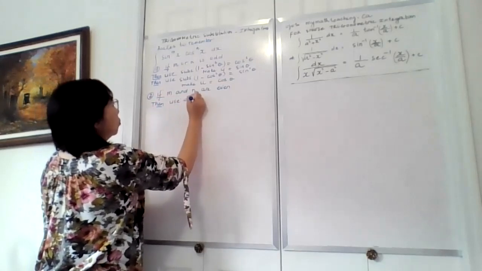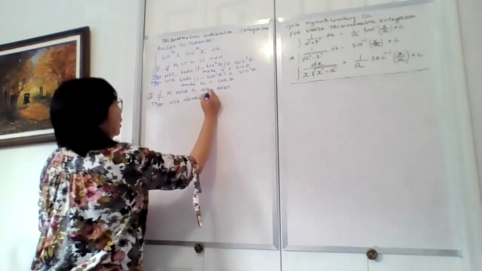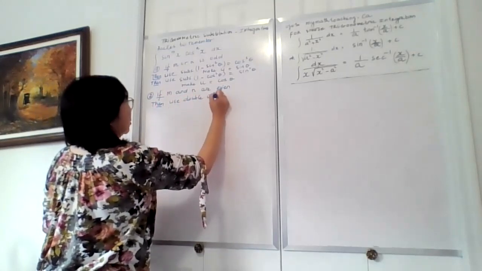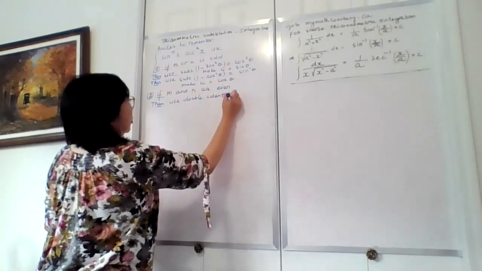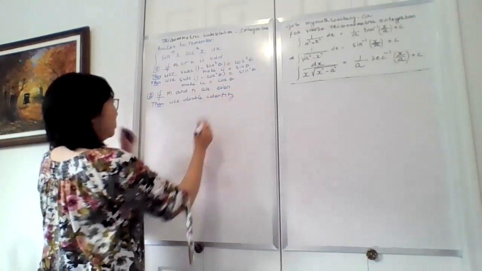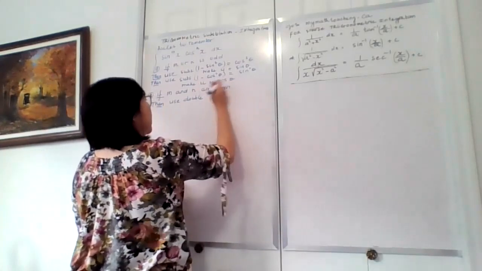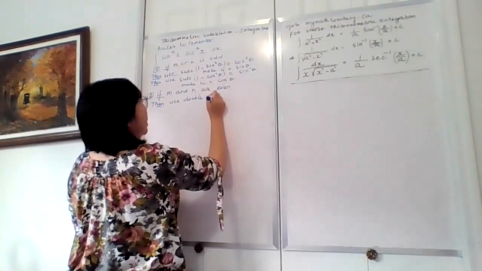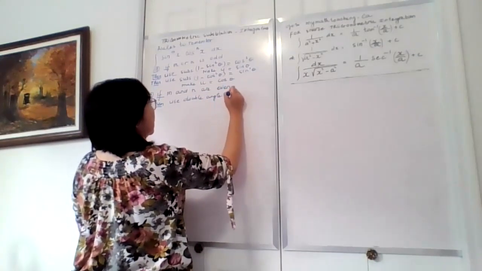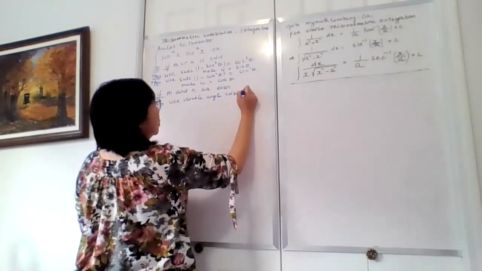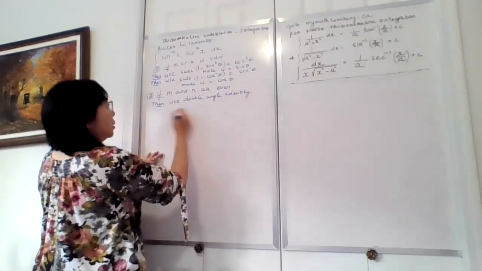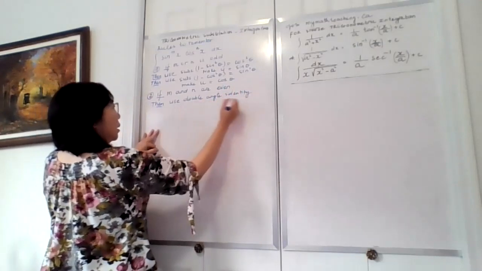Use the double angle identity. Double angle identity. And if you learned Math 12, you know what I mean, right? The double angle identity.